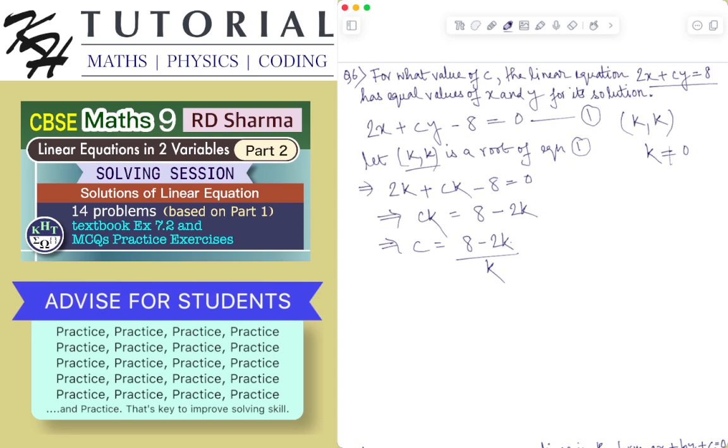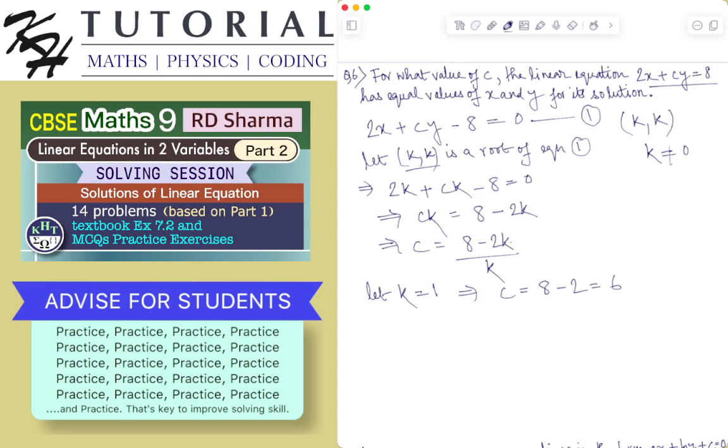Okay, so if I let k equals to 1, this will imply that c is equal to 8 minus 2, which is equal to 6. So this means that if the value of c is 6, then what can the value of x and y be?